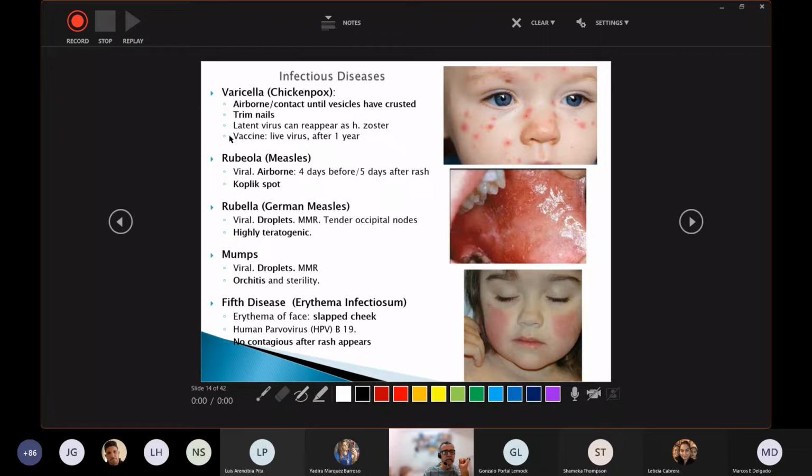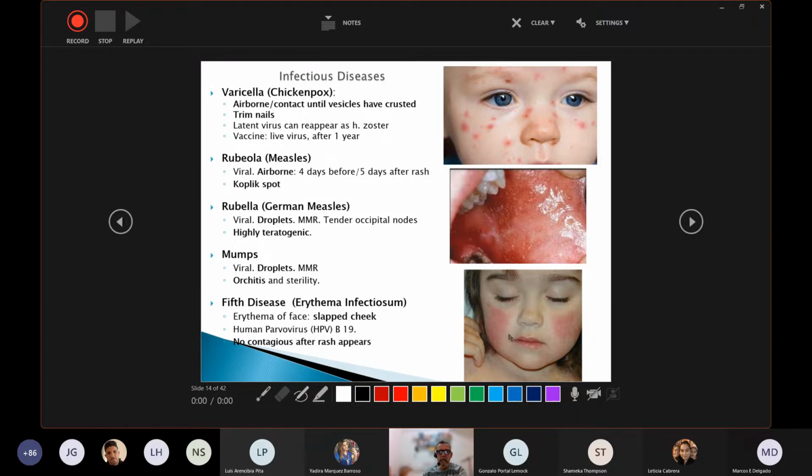Yes. And then when our parents say, oh, Carlito had all the diseases of childhood, came a fifth, 1, 2, 3, 4, 5, a fifth fever and a fifth rash. ¿Qué tiene? ¿Qué este muchacho que tiene? It is the fifth disease. Okay, the doctor's name is erythema infectiosum, but in NCLEX it is mentioned as the fifth disease. The rash is so typical, so characteristic that it is easily diagnosed. It looks like slapped cheek.